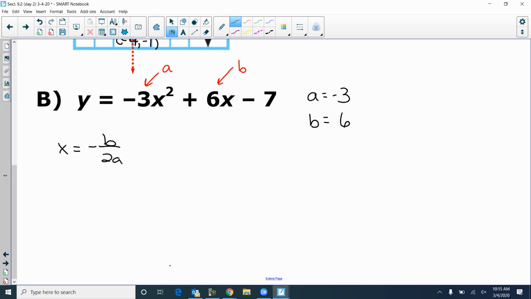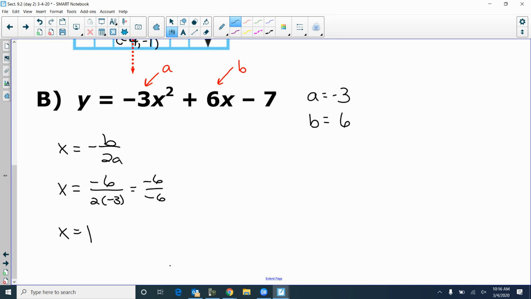All right, we're going to substitute it in. So we get x equals negative, b is 6, a is -3, and I get -6 divided by -6, which is just what? 1. That's 1. All right, the vertex is an ordered pair. So what do we do with the 1? We plug it into the equation for x.